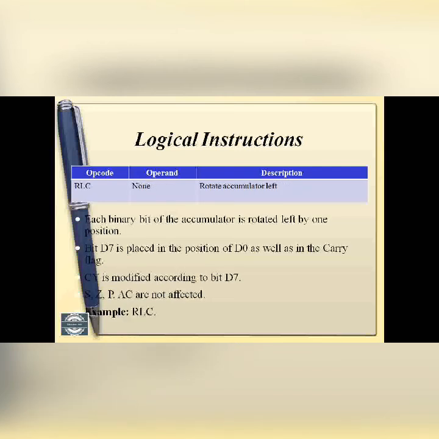RLC, rotate accumulator left. RRC, rotate accumulator right.